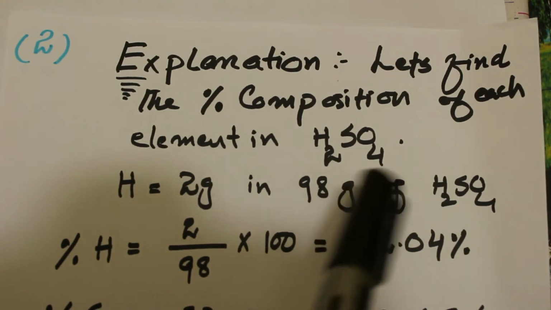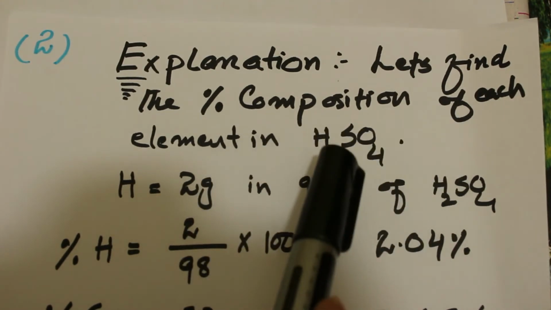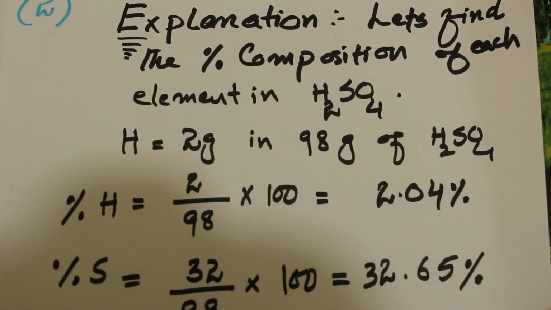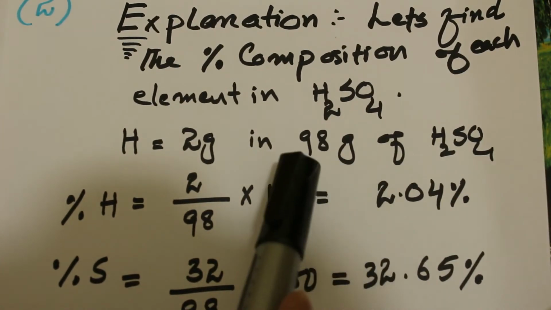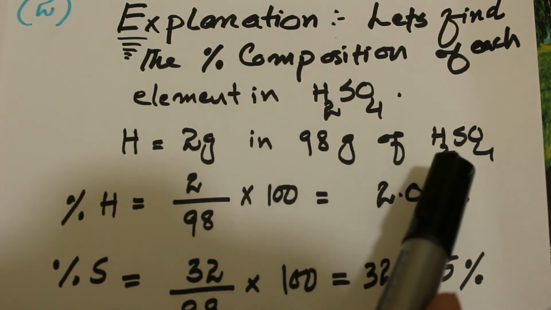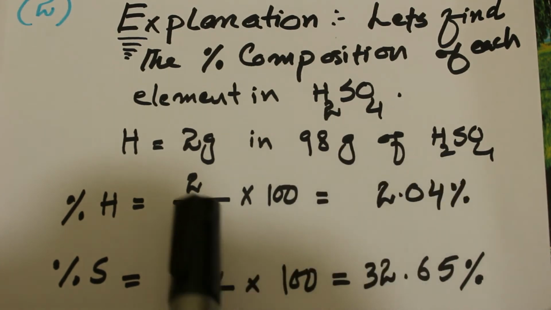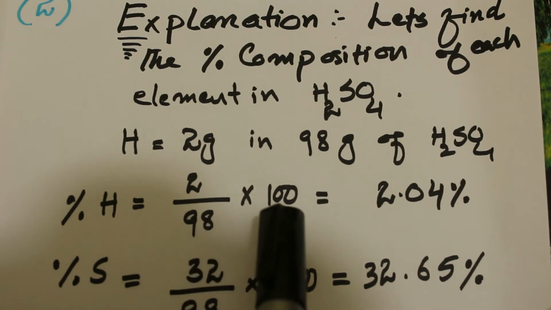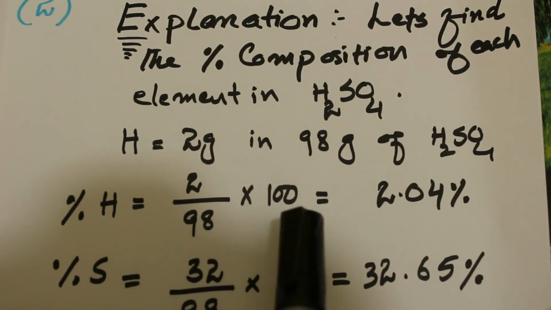Now let's find the percent composition of each element in H2SO4. Okay, so I know that the molecular weight of sulfuric acid is 98 grams. Now if there are 2 grams of hydrogen in the 98 grams, then how many grams of hydrogen will be contained in 100 grams of this sample?